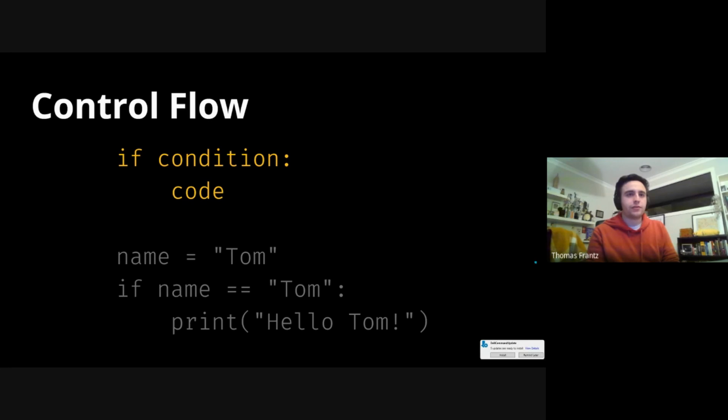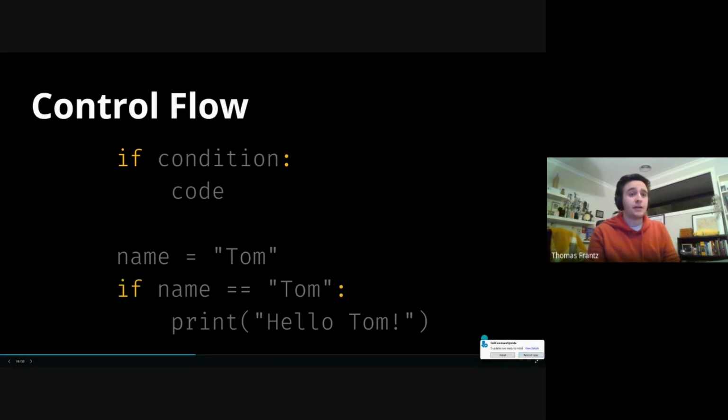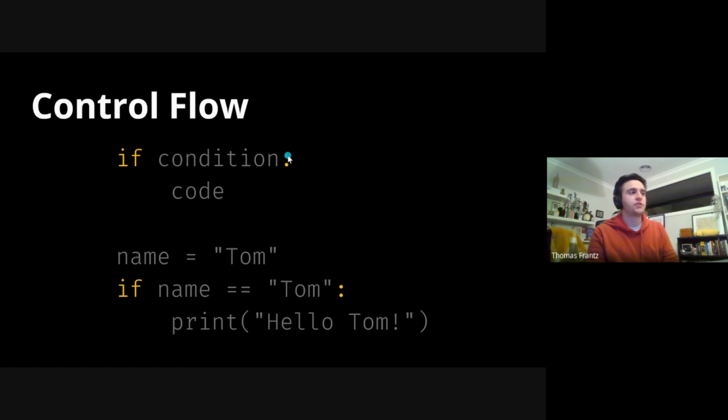I also forgot to mention, luckily I have this slide here for me, that after the condition terminates, it's followed by a colon to indicate that that's the end of the condition, and then there's an indentation that follows that shows it's the start of the code that's supposed to be executing.